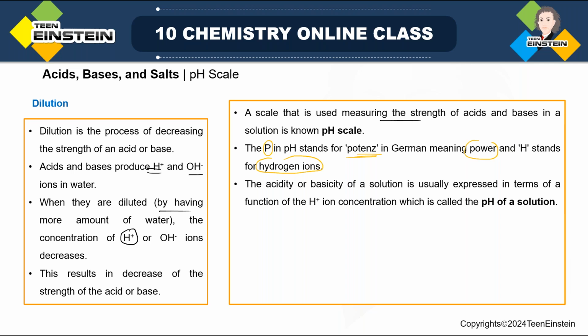Now this acidity or basicity is usually expressed as a function of H plus ion concentration. So what does it mean to say that? Suppose you have a solution and I'm asking you what is the acidity of it. Obviously you will answer it in terms of H plus ion concentration. Similarly, suppose you have taken some base solution and I'm asking you what is the basicity of your solution.